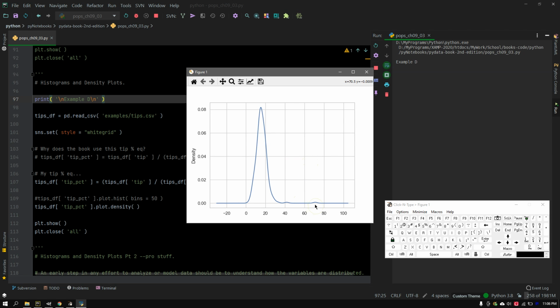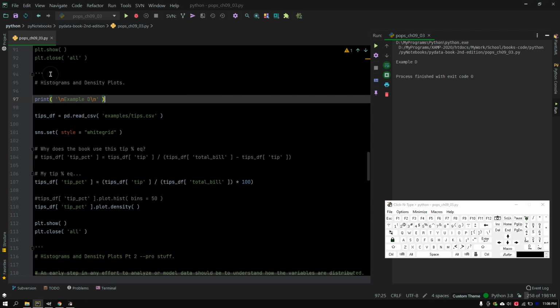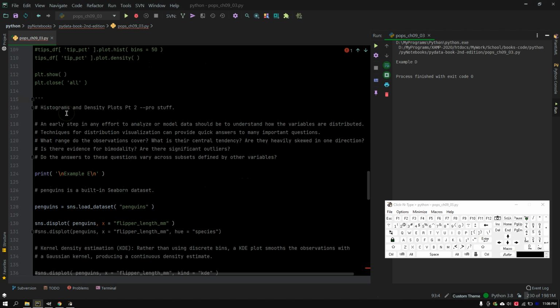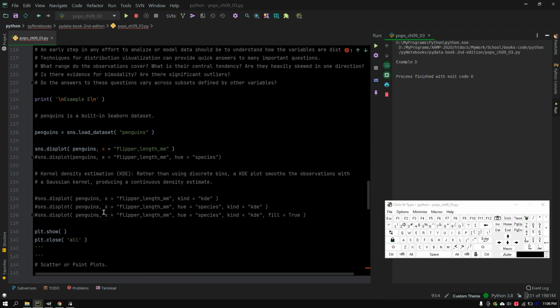Here we have the little blip of the 70% tip. Looks like we have at least one 40%. Most of them are a little bit less than the 20% that you should be giving. All right, Seaborn. Seaborn is cool.